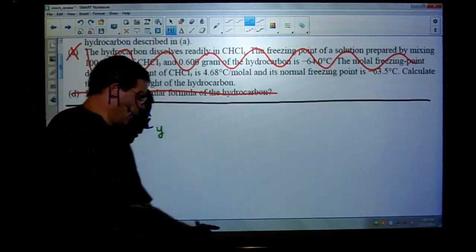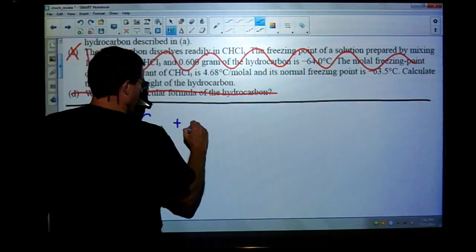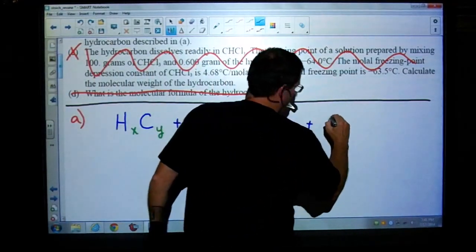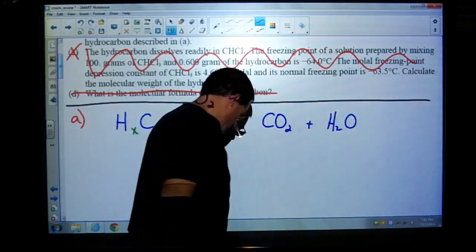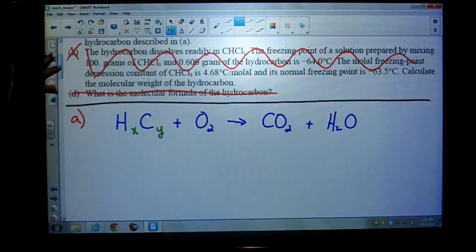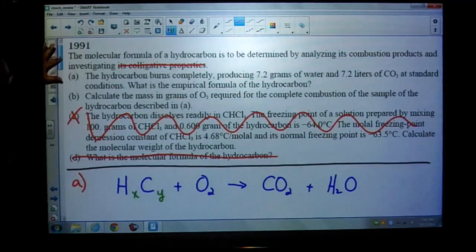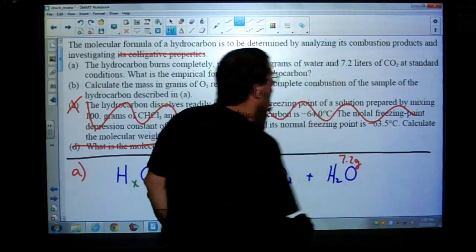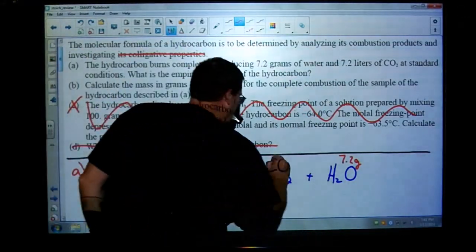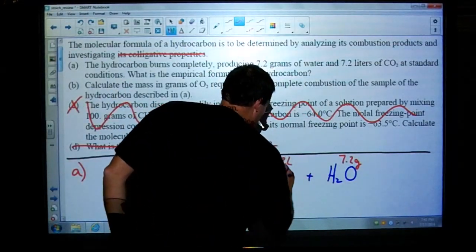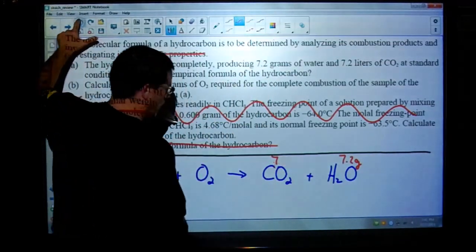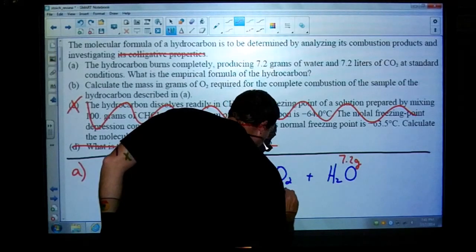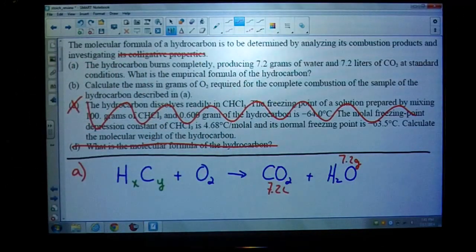So that's indicative of a combustion reaction, and it forms carbon dioxide and water. We are given some information about that: 7.2 grams of water, and 7.2 liters of carbon dioxide.